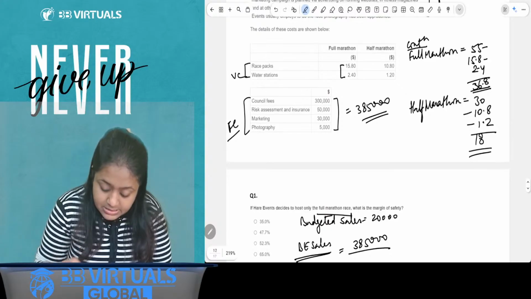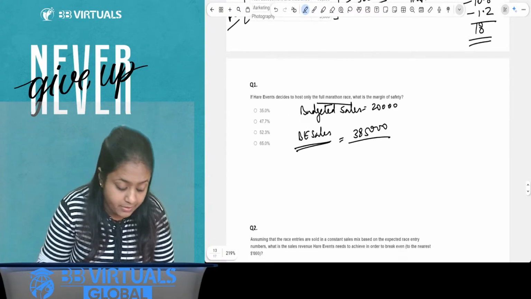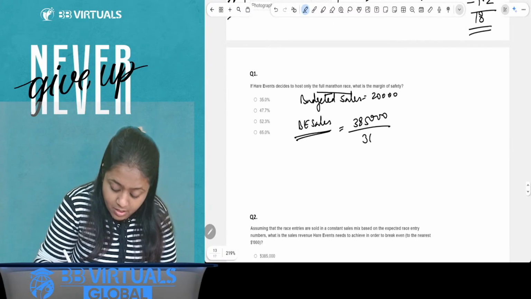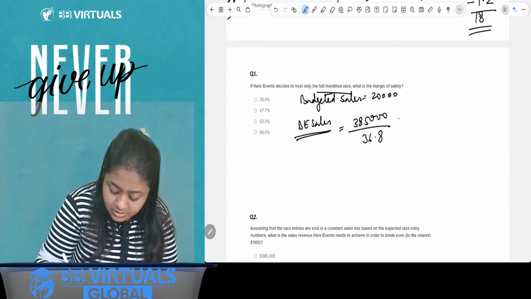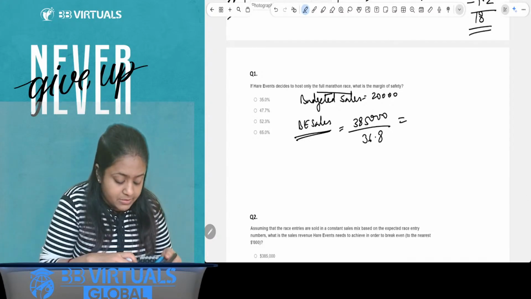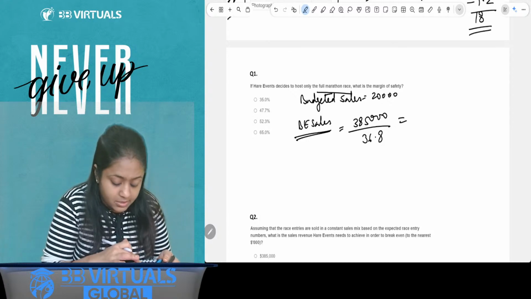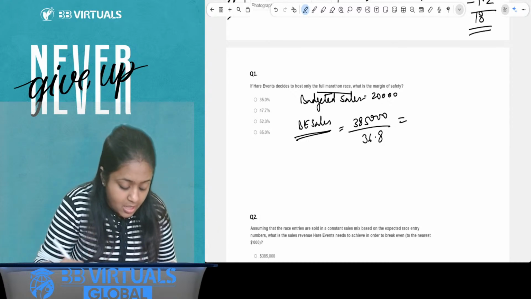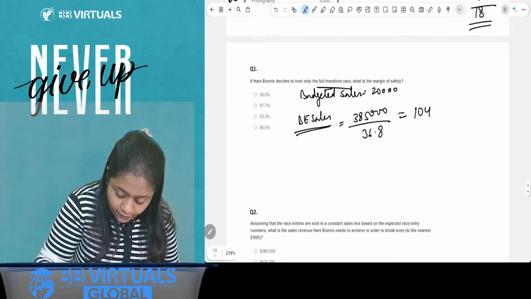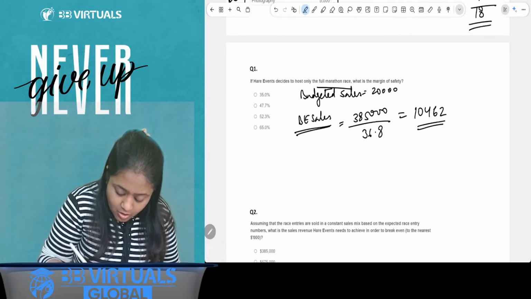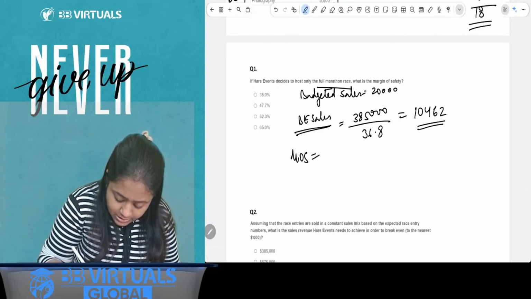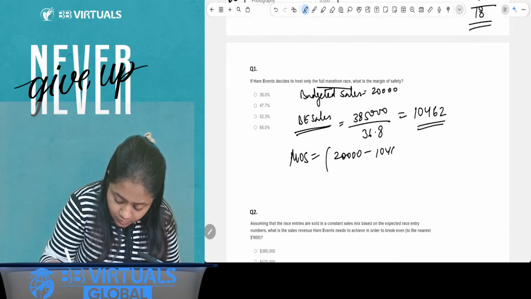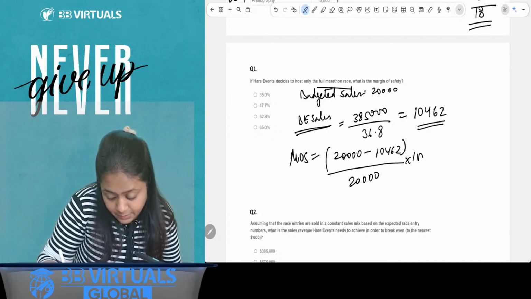Now here I just need the full marathon, so I will divide by the full marathon contribution per unit only, which is 36.8. So my break-even sales will be 385,000 divided by 36.8, which is 10,462. Now we can calculate the margin of safety. That will be equal to 20,000 less 10,462, divided by 20,000, multiplied by 100.